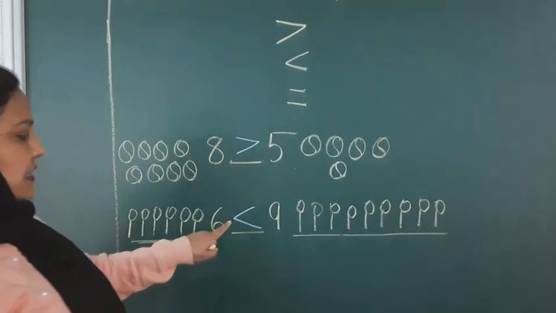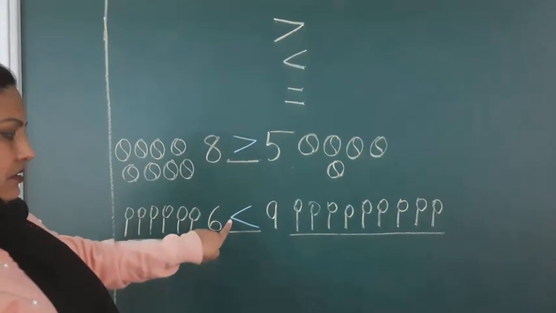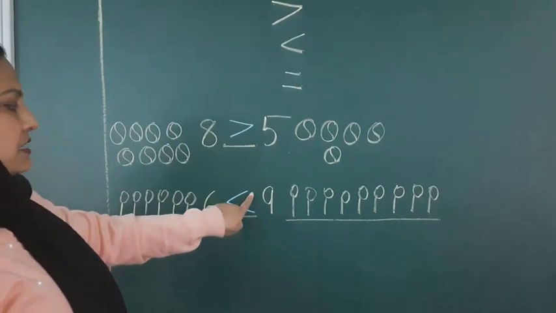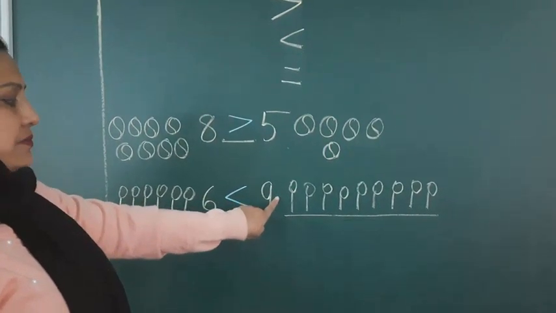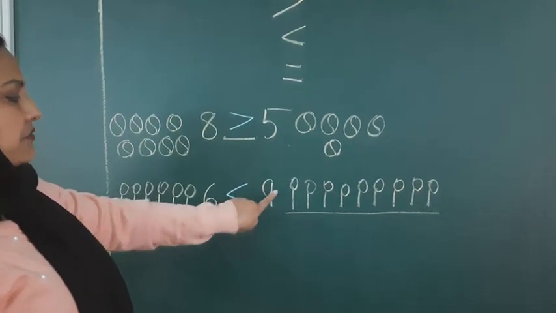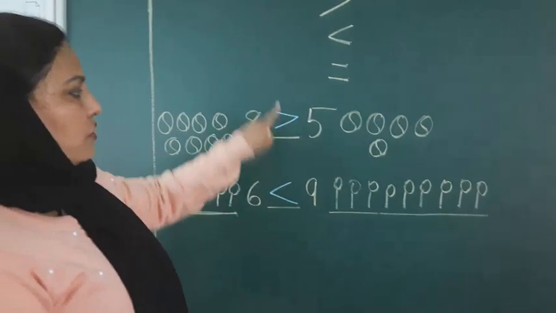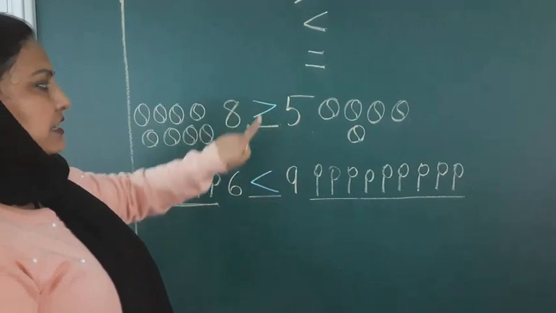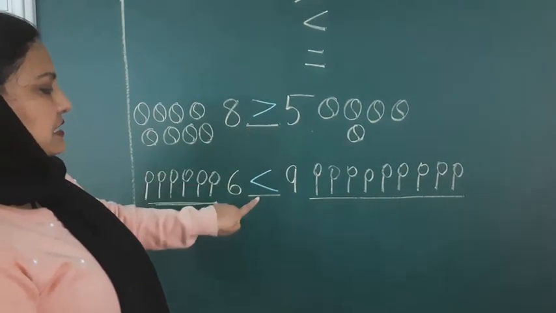Automatically this closed side will come on the side of 6, and for 9, which is big, the open side will come. Okay, so this difference will be there. This is the greater one, this is less than.